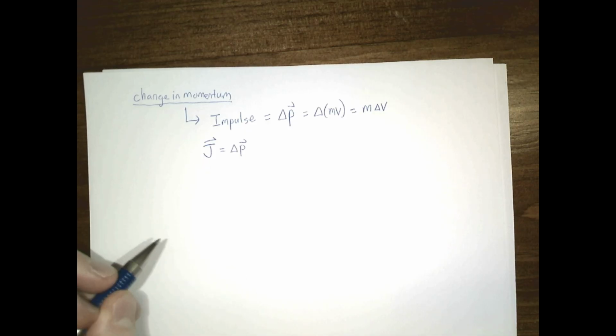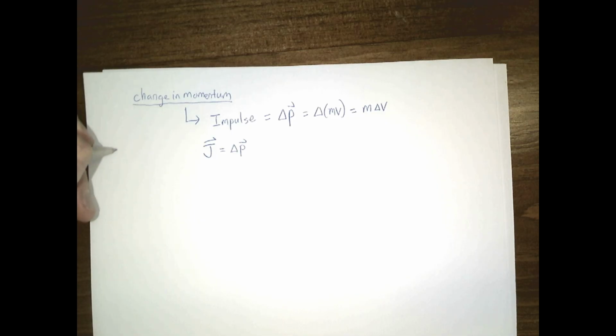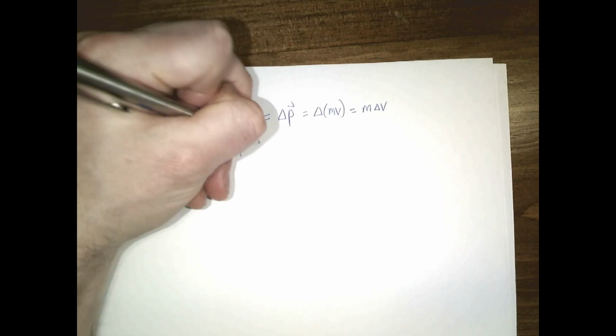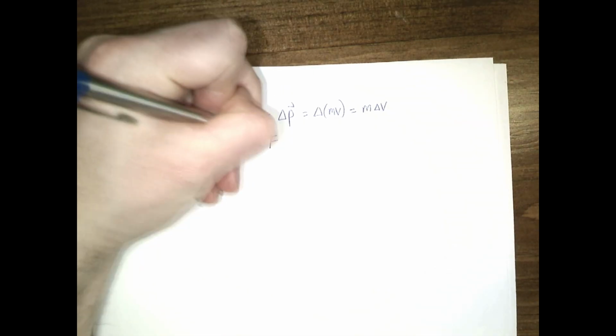And if we go back to how we originally derived this, we started out with the forces on each object. The m delta v over t was our force, mass times acceleration. If we multiply both sides of this equation by the time of the collision, we get another way to write the impulse. So we can also think of impulse as force times time.